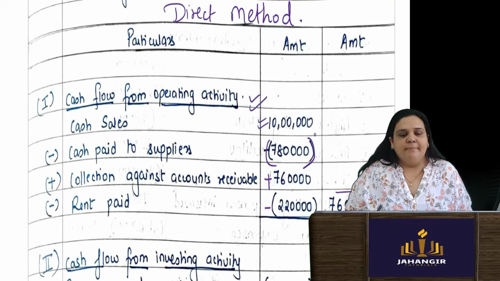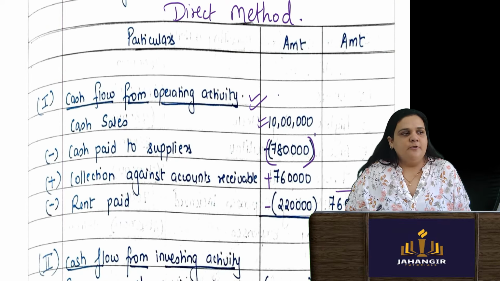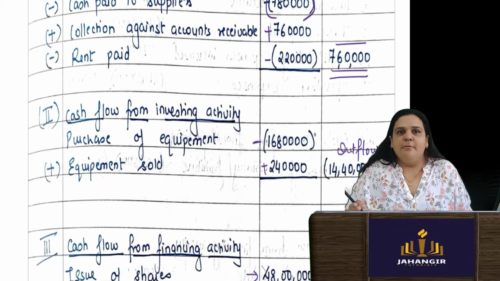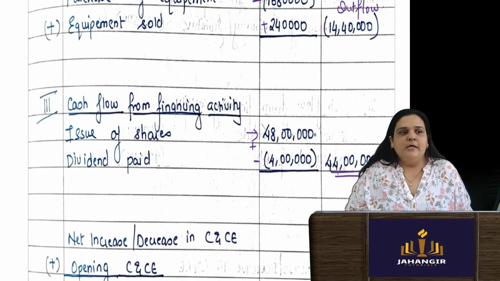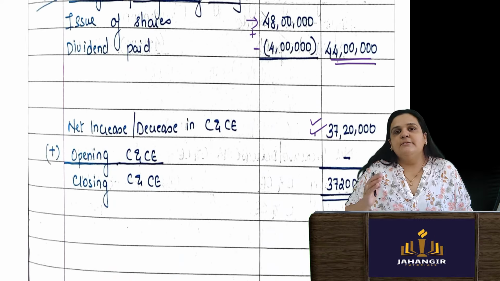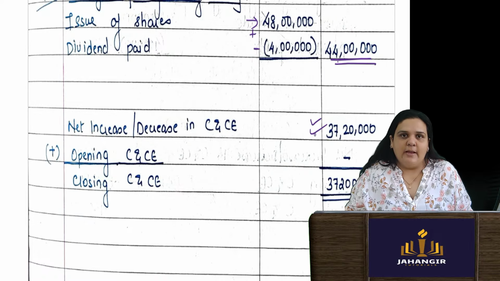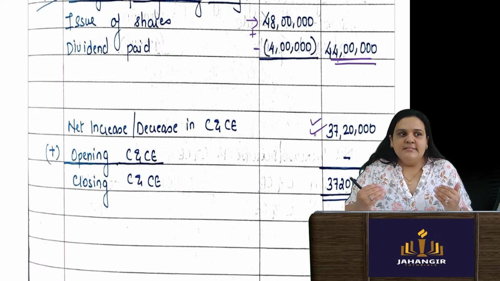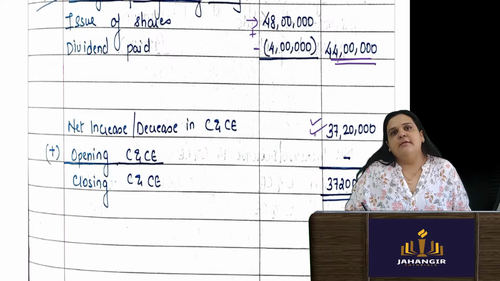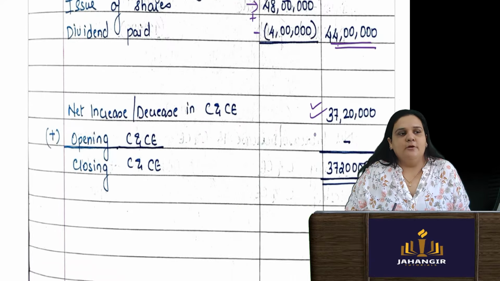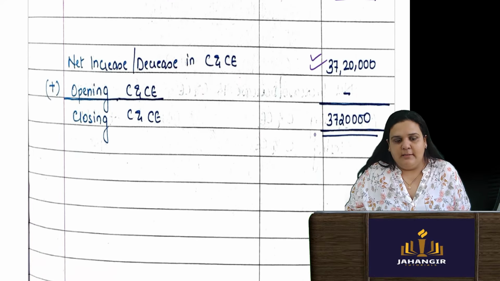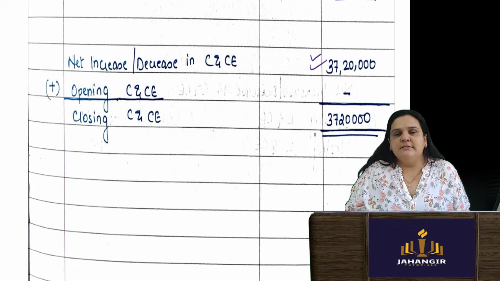So in case they happen to ask you direct method, simple, do cash flow from operating, from investing and from financing. You will get the net increase or decrease in the cash and cash equivalent. Okay, if there is any opening cash and cash equivalent given, add it and you will get the closing. In this sum they have not given me anything. So my closing is the same as the net increase or decrease.